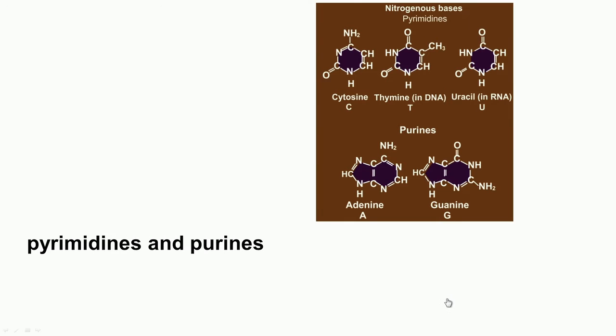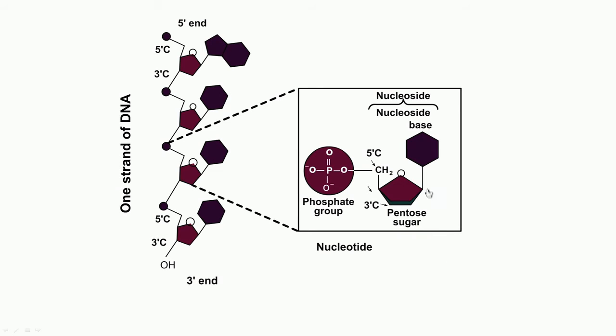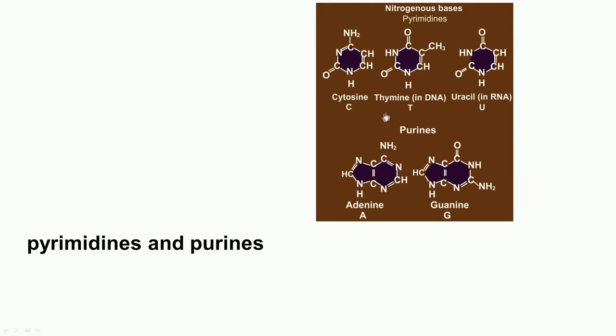We said that it contains a sugar, the base and the phosphate group. The bases are of 5 kinds. They could be cytosine, thymine and uracil, or adenine and guanine. Some of these terms would be familiar to you. You could have pyrimidines, which are just one ring nitrogenous substances, and purines, which are slightly bigger nitrogenous substances.